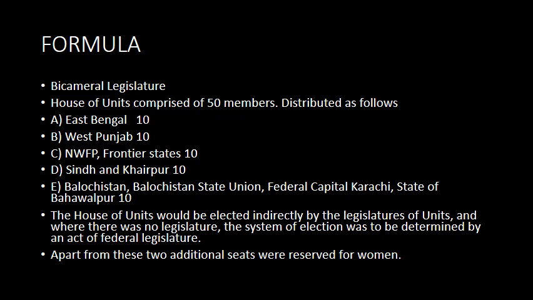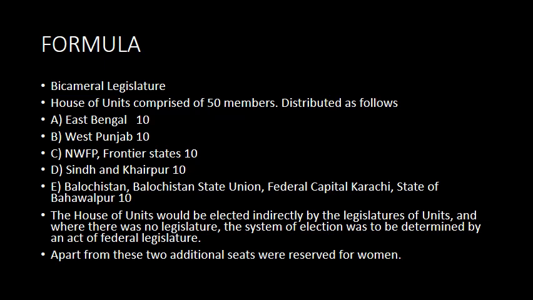The House of Units would be elected indirectly by the legislatures of units, and where there was no legislature, the system of election was to be determined by an act of the federal legislature. It means the election of the House of Units was an indirect one. That is, the provincial legislatures will elect their respective members for the House of Units.